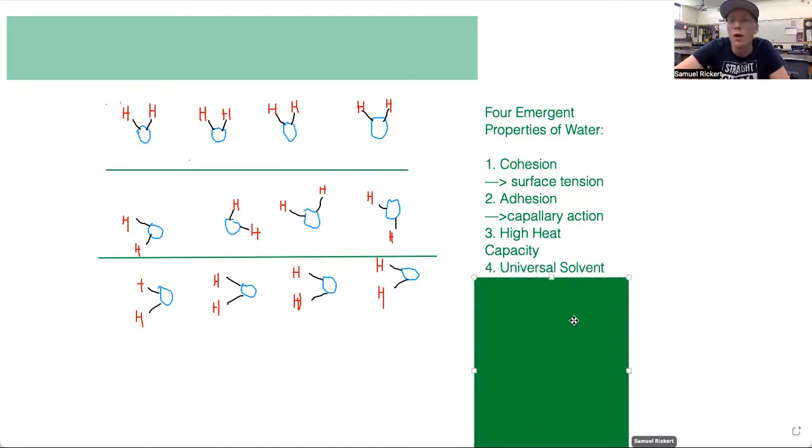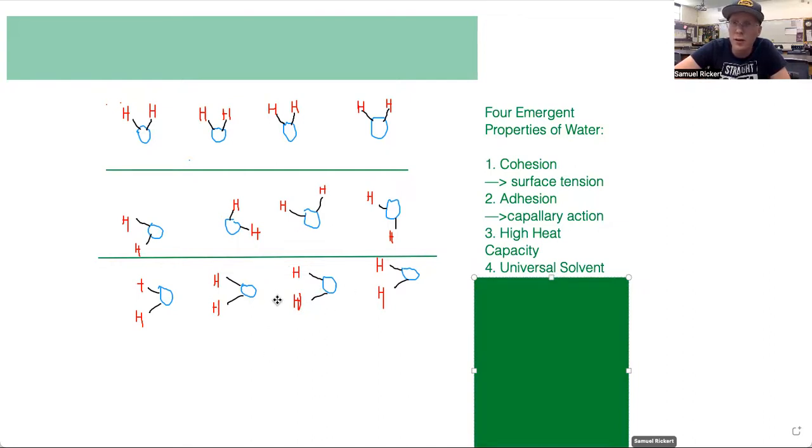Number 4, water used to be called the universal solvent. Now it kind of got canceled for this title because it's obviously not going to dissolve everything. However, how it got its name in the first place is because these interactions, hydrogen bonds, can also interact with other molecules.